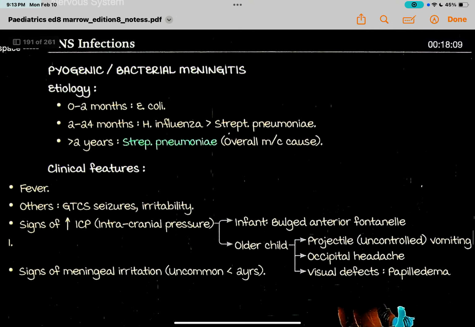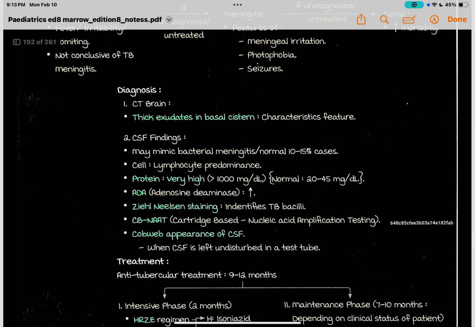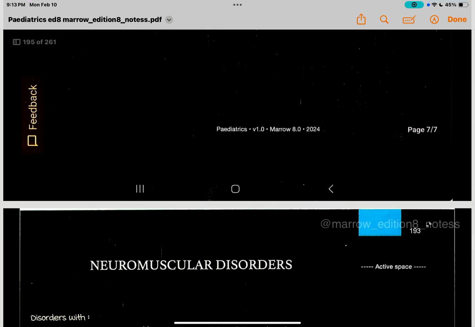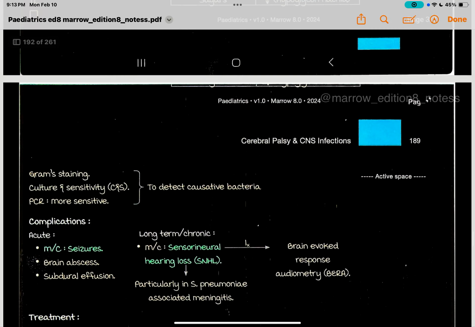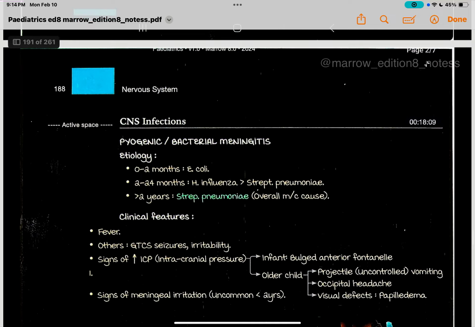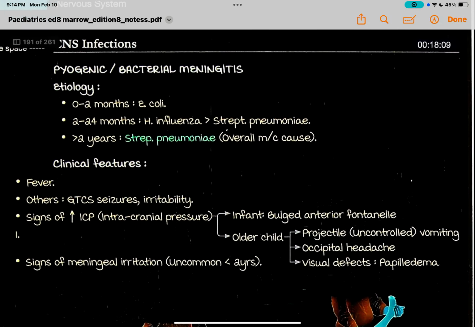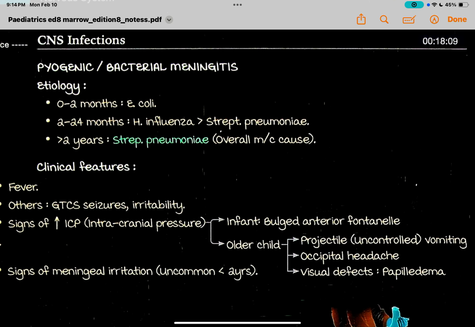CNS infections. Pyogenic or bacterial meningitis.